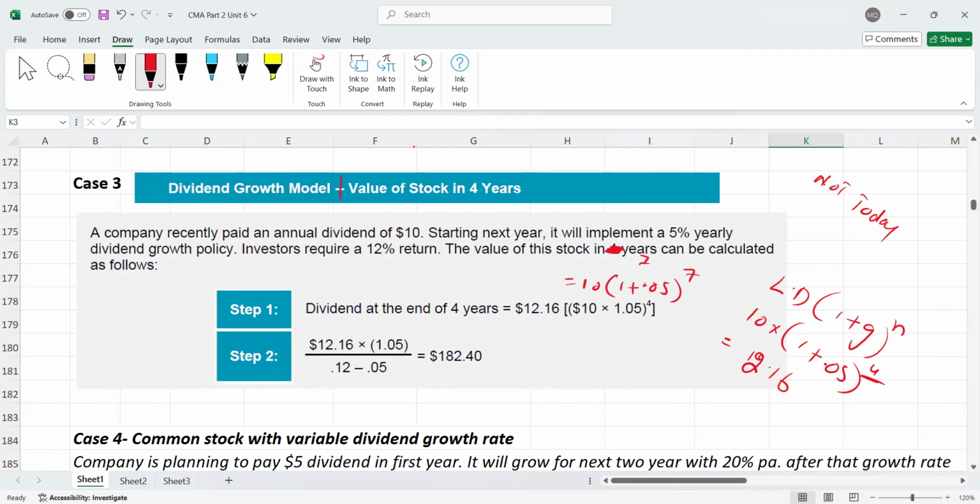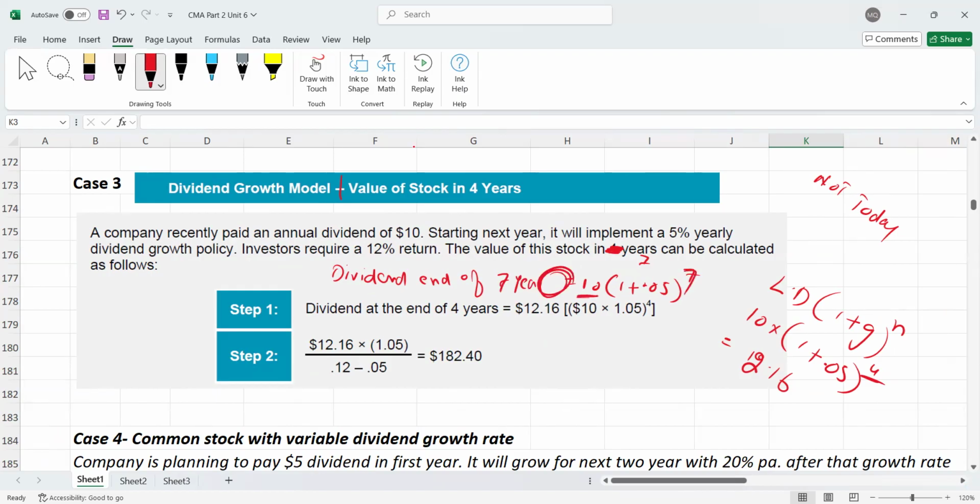This will give you the dividend at the end of 7 years. So 10 times 1.05 raised to the power 7.